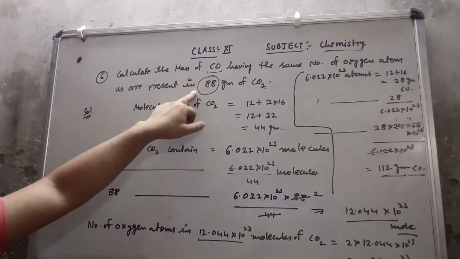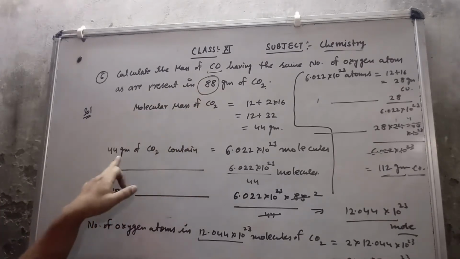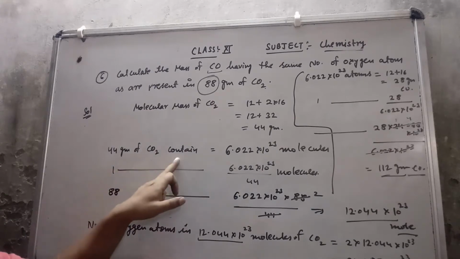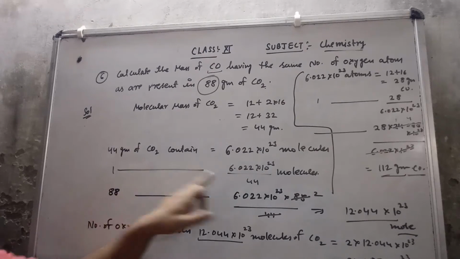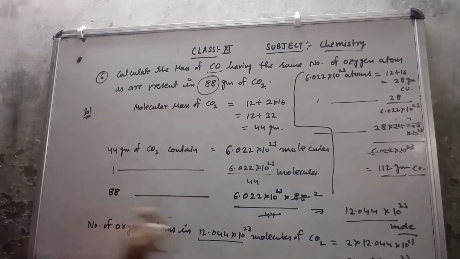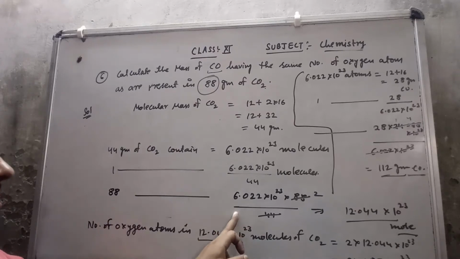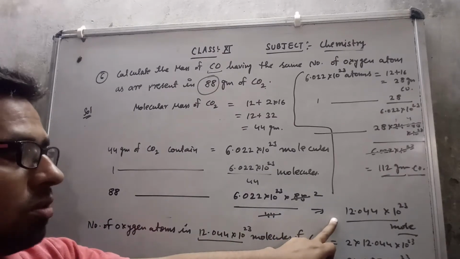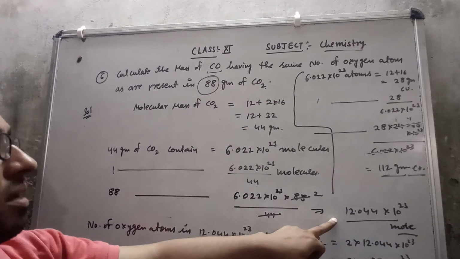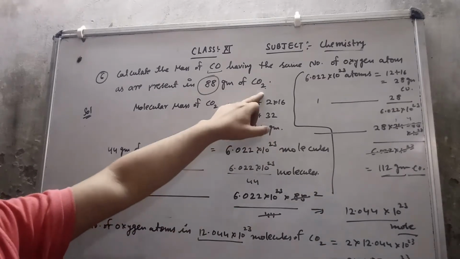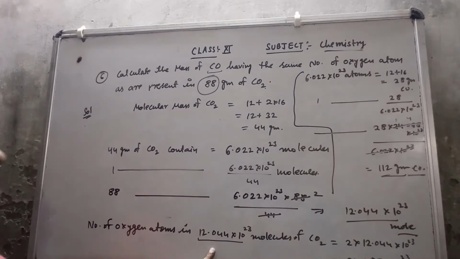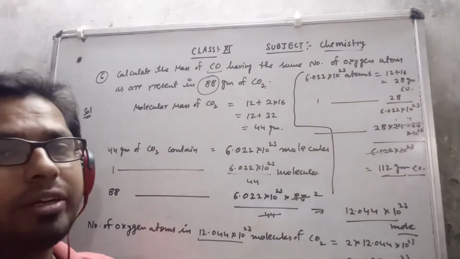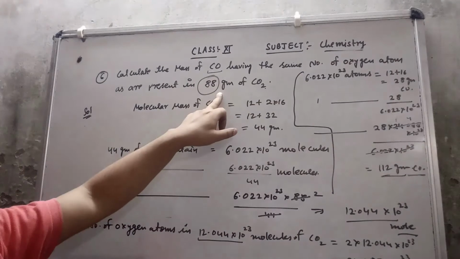In 44 gram of carbon dioxide, one mole of molecules is contained, so in 88 gram that much of molecules are available. I solved it and got the molecules. One molecule of carbon dioxide contains 2 atoms of oxygen, so I multiplied, and that much of oxygen atoms are available in 88 gram of carbon dioxide.